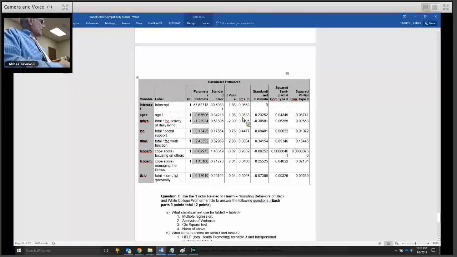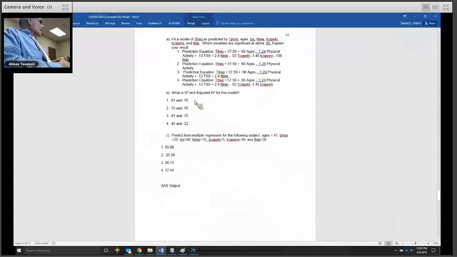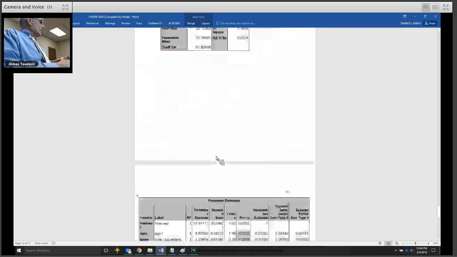And these are the p-values. They tell you which variable is significant in the model. That's what you want to find, and finding the R squared and adjusted R squared again from the output. And for prediction, because we have several variables, you replace these values in the equation and find the predicted value. So that's what you need to do.